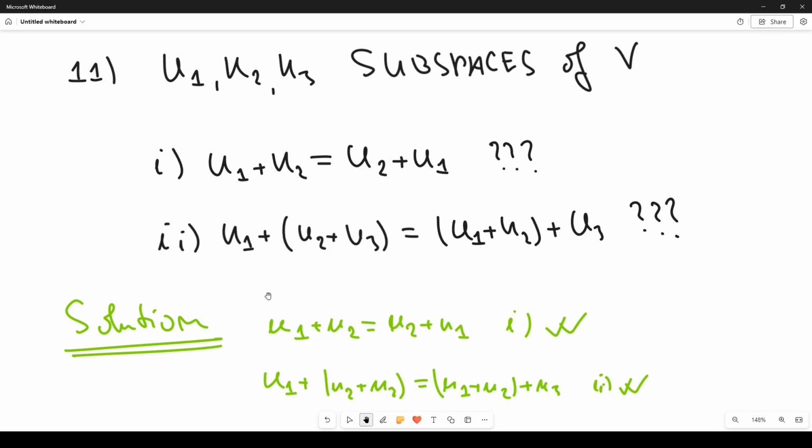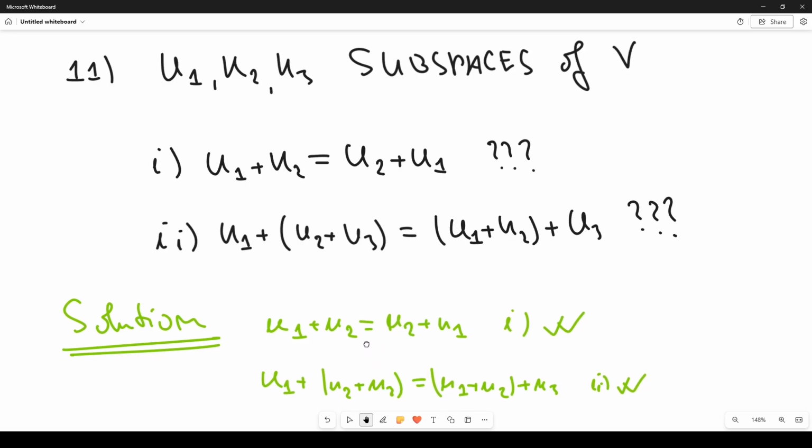Since when we sum up two subspaces, we just sum up the corresponding vectors from the subspaces, and in our vector space V addition of vectors is commutative, U1 plus U2 is the same as U2 plus U1. So that gives us that 1 holds. Summing up subspaces is commutative.